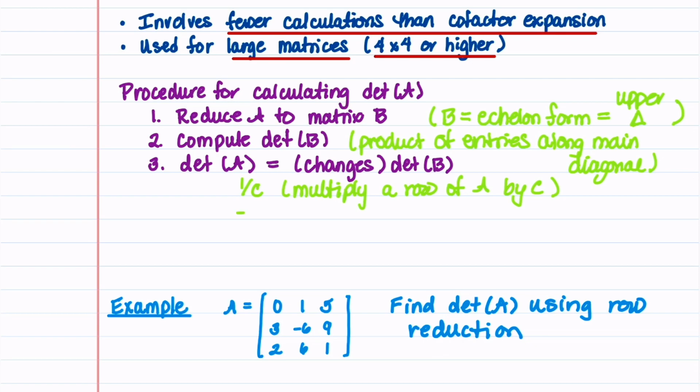Our next change is minus 1. That happens when you switch 2 rows of A. And then our last change is going to be none. And this happens when you add a multiple of one row of A to another.